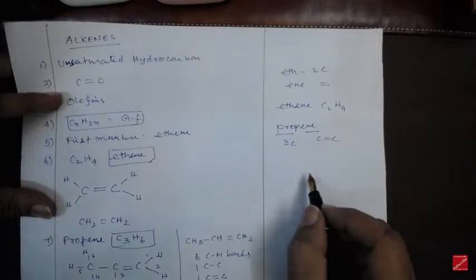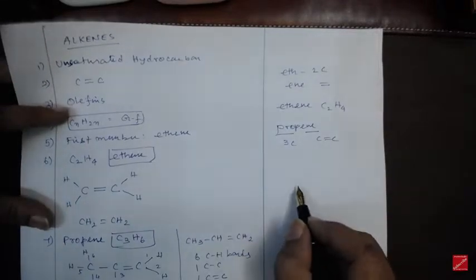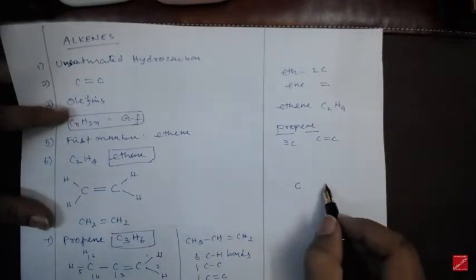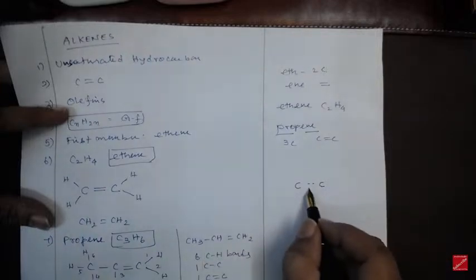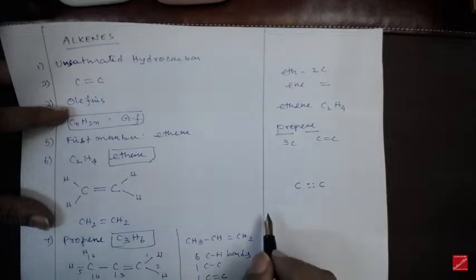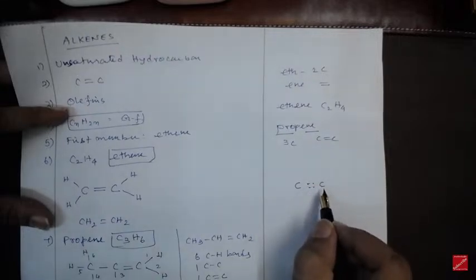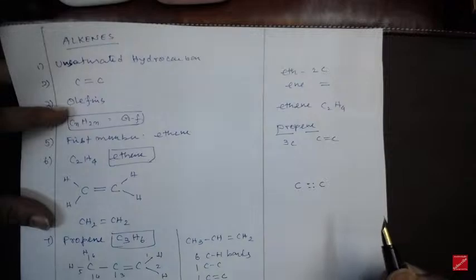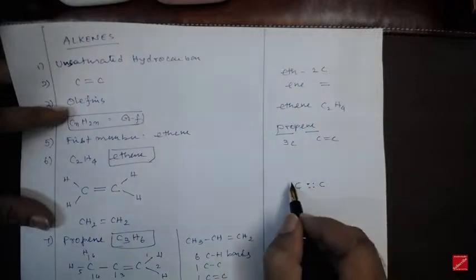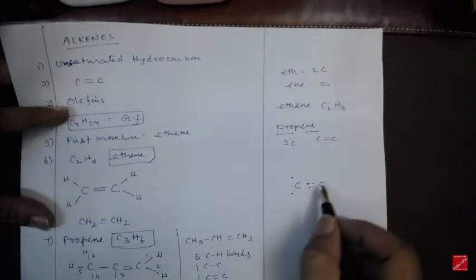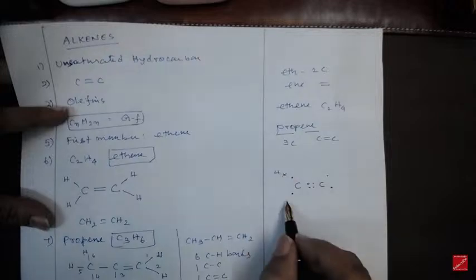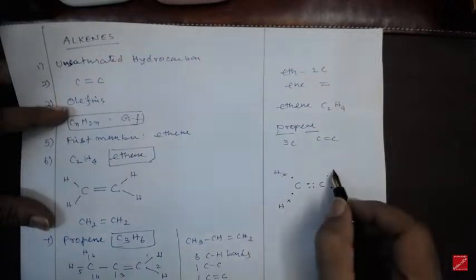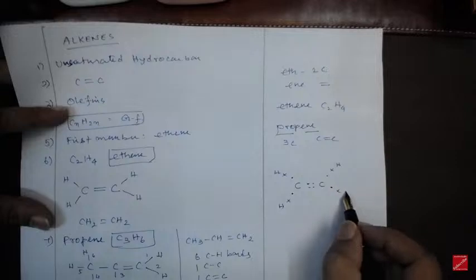You can draw the electron dot formula for this. Put C, C. A double bond represents 2 pairs of electrons. Let us represent the electrons of carbon as dots, hydrogen as X. So you have one more like this. And then hydrogen, hydrogen, hydrogen, hydrogen.